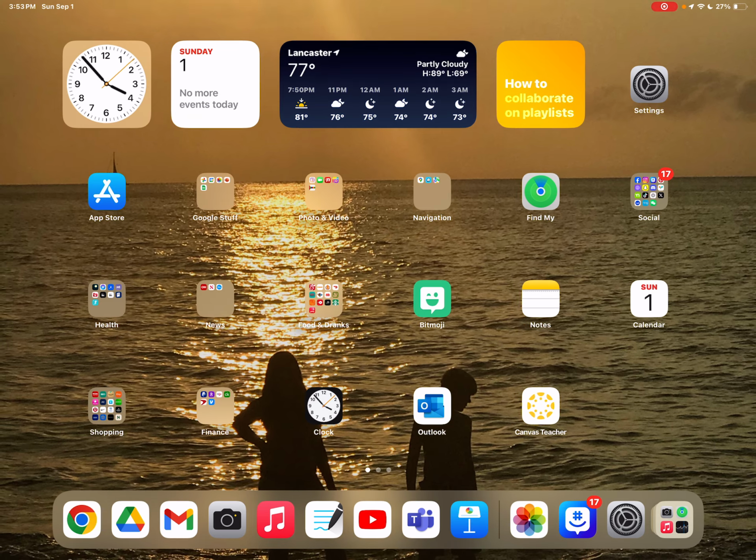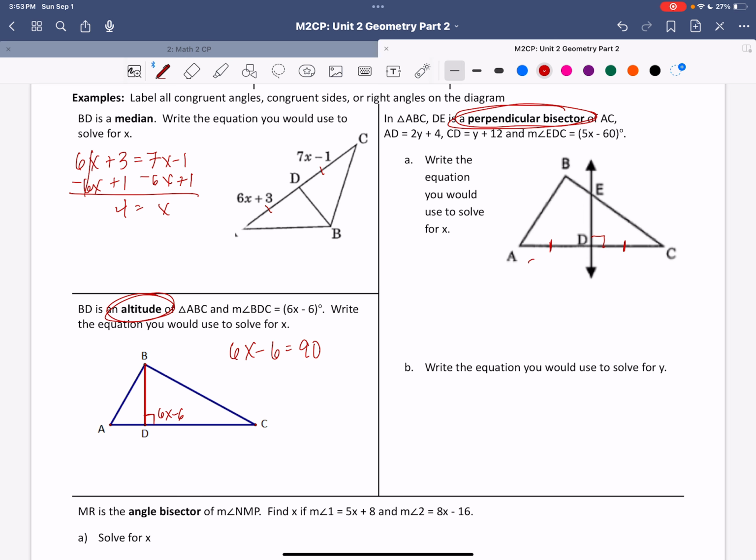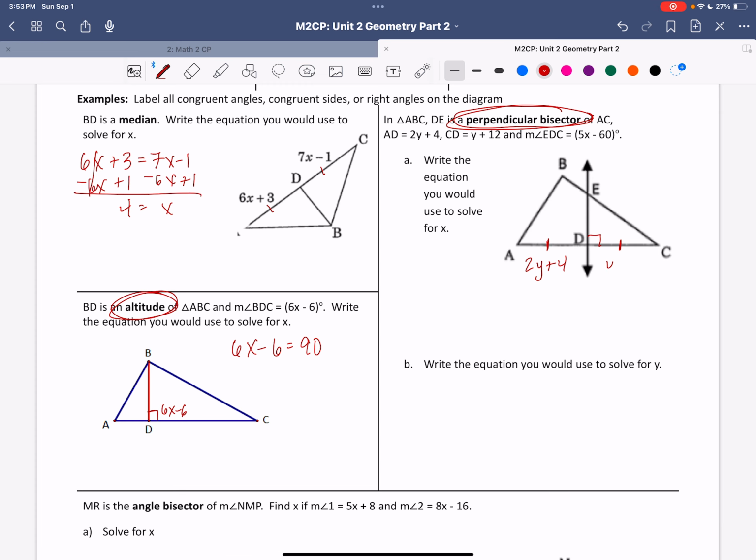Oops, sorry. There's my main screen. You're welcome. And we know that CD is y plus 12. And measure of angle EDC is 90. That's going to be 5x minus 60.